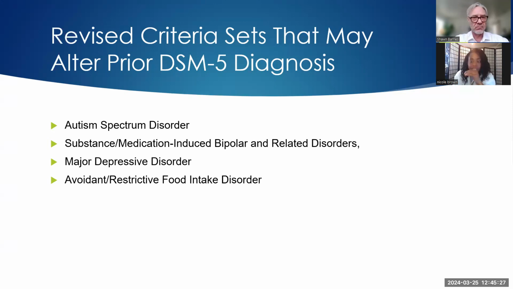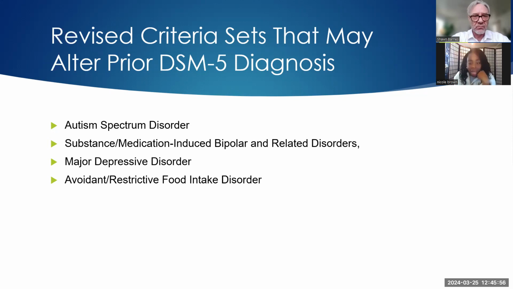Substance medication induced bipolar, criteria B addresses when the criteria A symptoms must develop. So again, we're looking at time frame. It now includes after exposure or withdrawal from a medication. So you can't say this person is bipolar and they took this medicine and the medicine was the onset, but then use the diagnosis of bipolar 1 or 2.